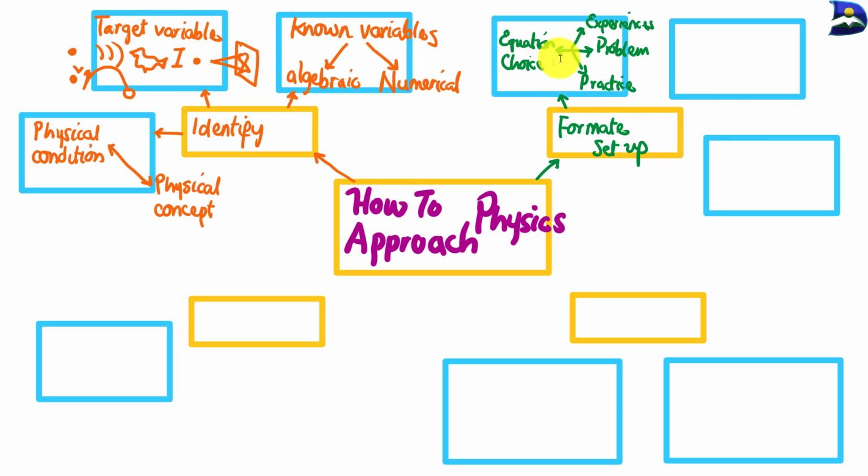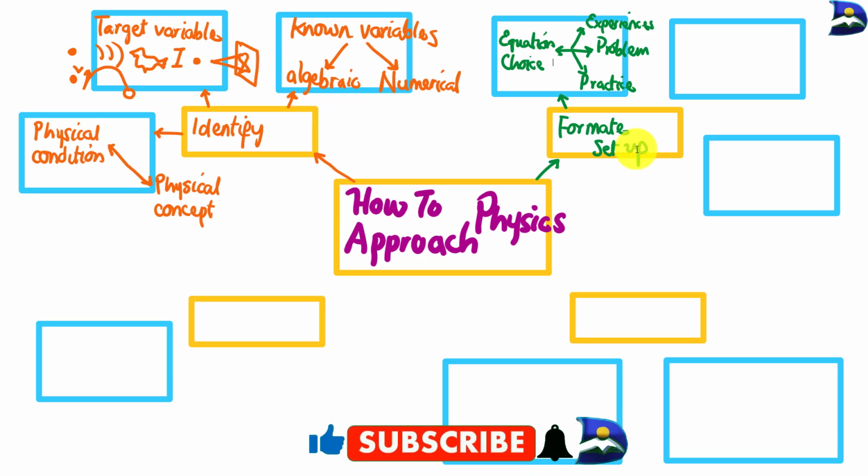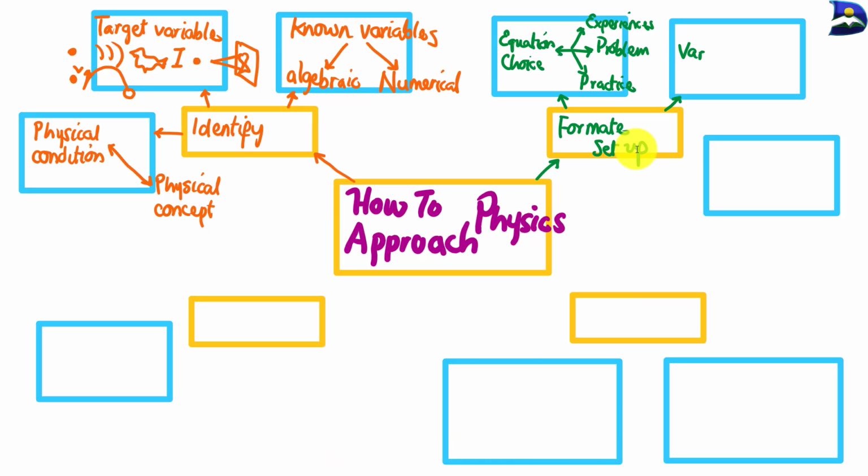Now, the next one that you need to be familiar with in terms of format setup is what? This involves how you should be able to correlate properly the variables, and how this is necessary for the proper equation. What does this mean?